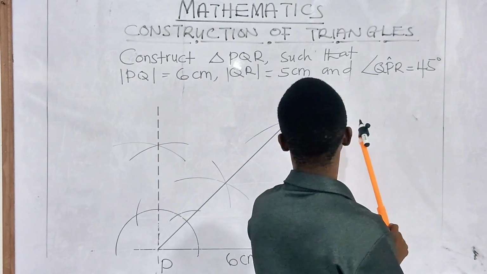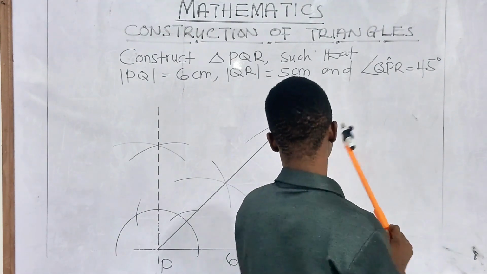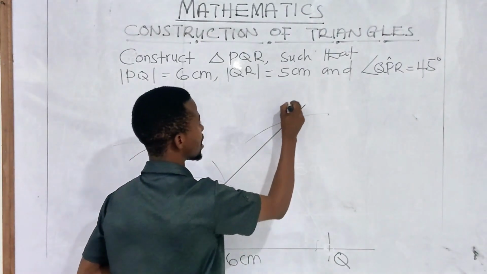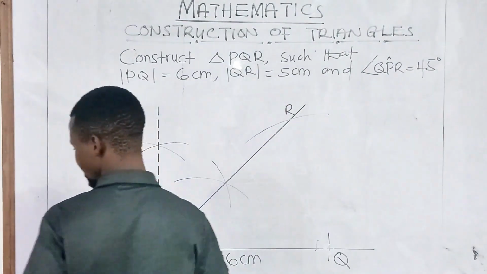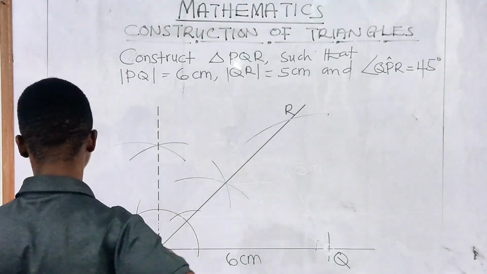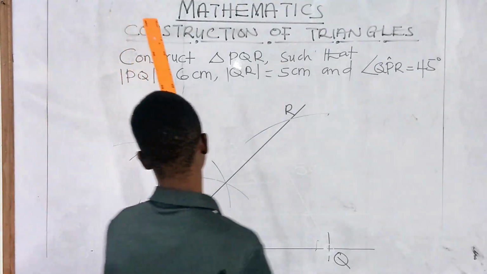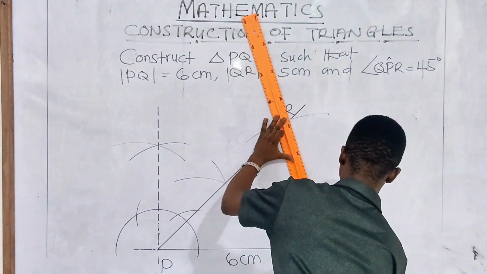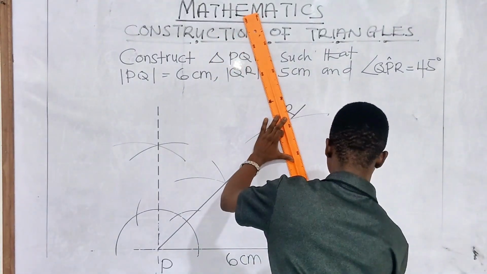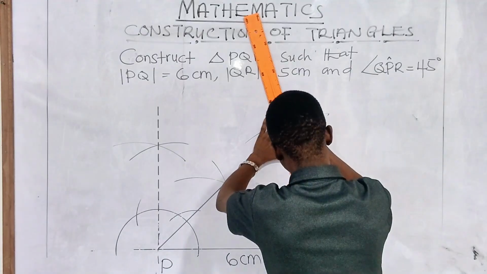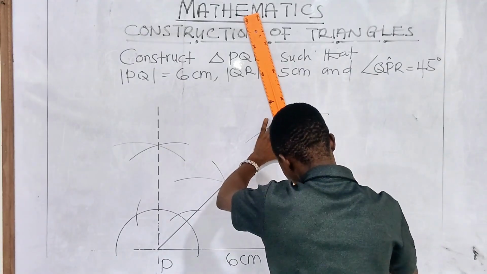And that would be my R. I'll name here R. Meaning I'm left with the third side of the triangle. I'll draw from R to Q like this.